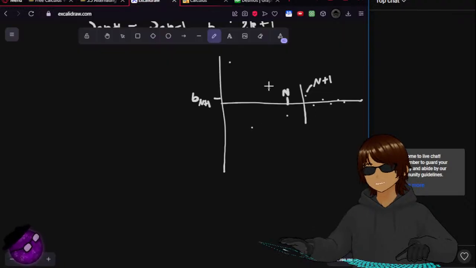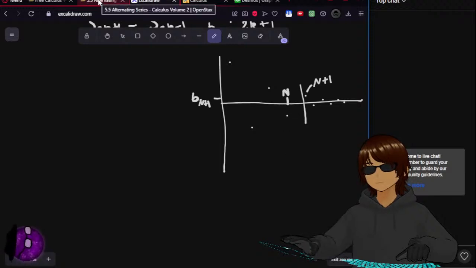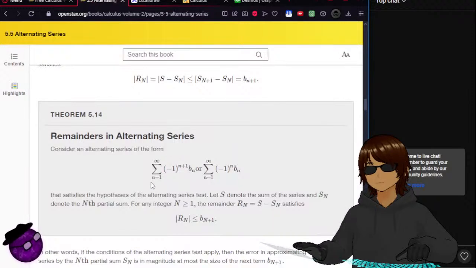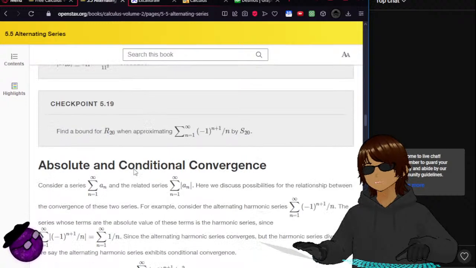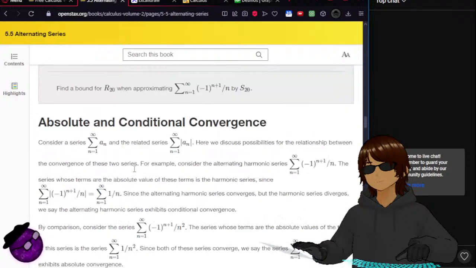So the total sum minus what we have calculated till here. Now we haven't added this. I'll have to check when I'm alone.